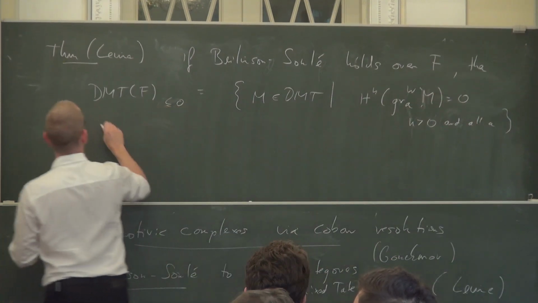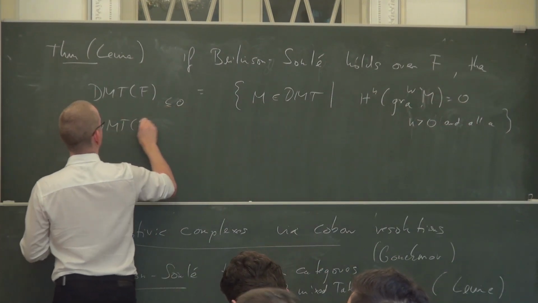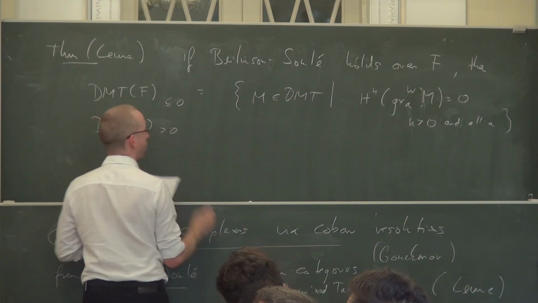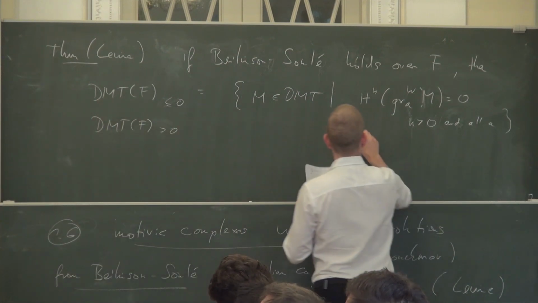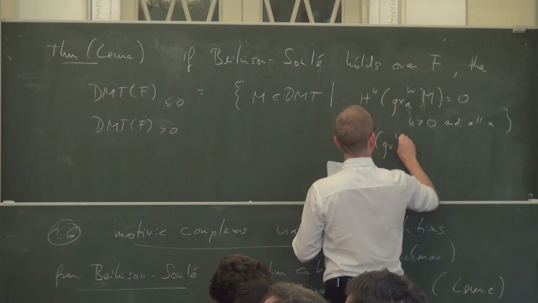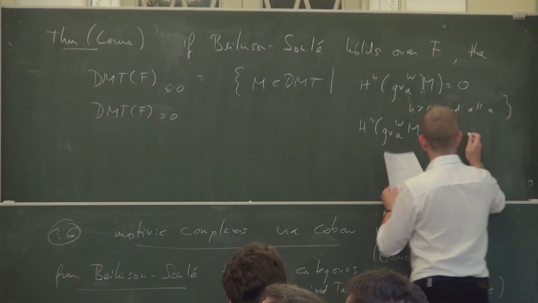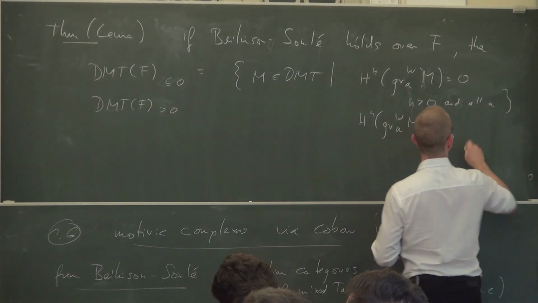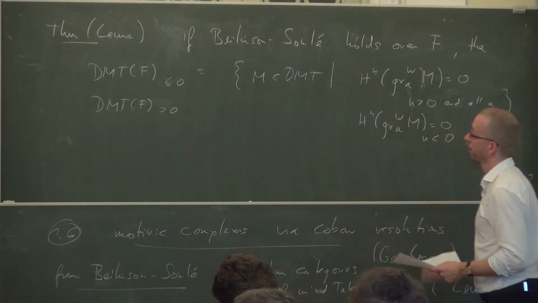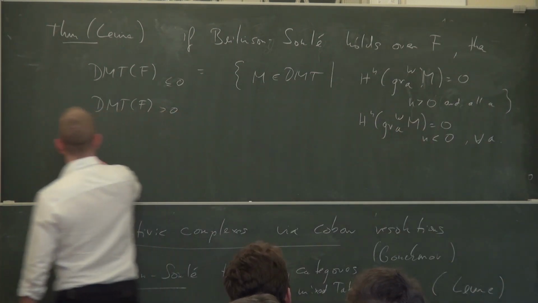And similarly, we have DMT of F greater or equal 0, and there the condition is that H^n of GR^W_a M is 0 for n less than 0 and for all a. Right, the statement is that this is a t-structure.